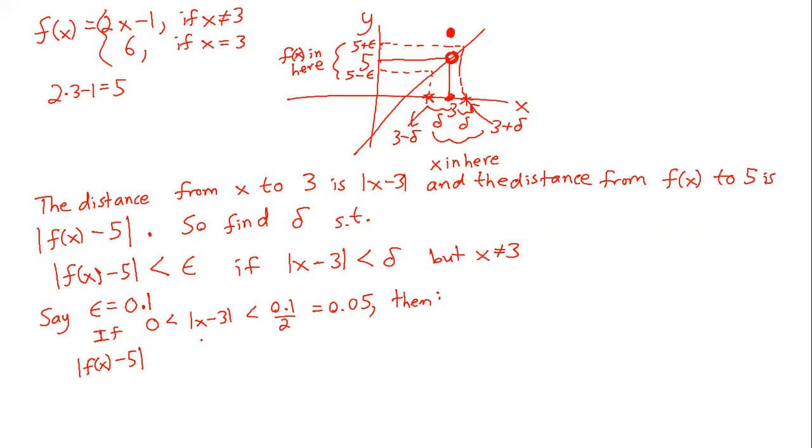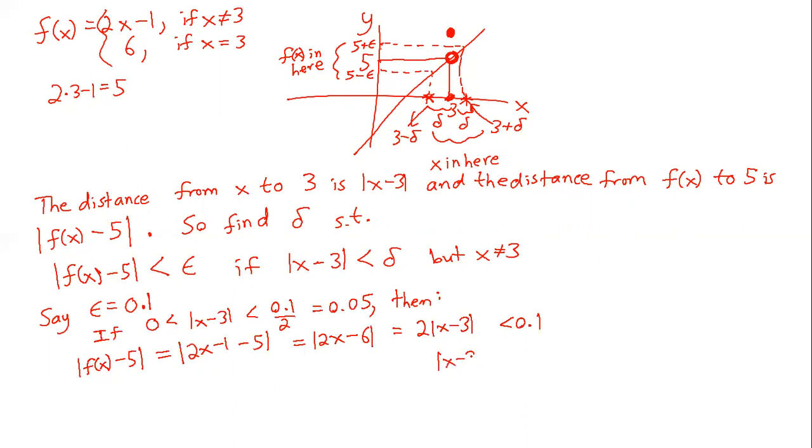I don't want to look at when x is 3. I want to look at when x is not 3. But when x is not 3, I'm going to plug in this part, 2x - 1. So it's 2x - 1 - 5, which is equal to 2x - 6, which is equal to 2 times (x - 3). And I want this ideally to be less than 0.1.